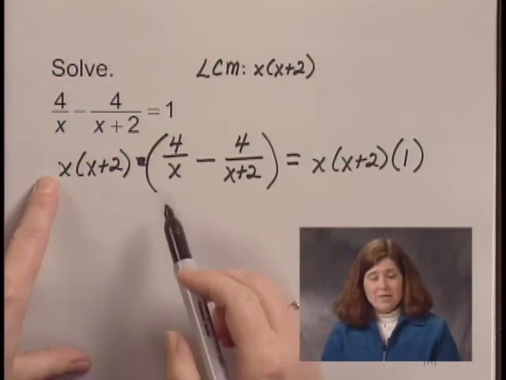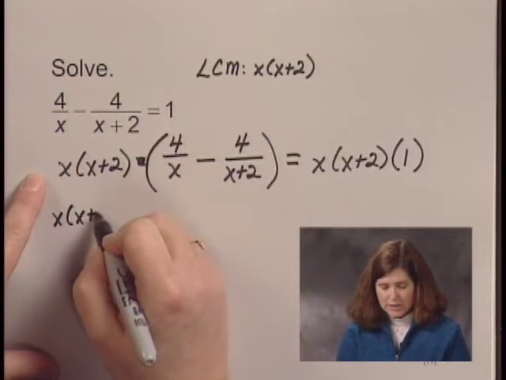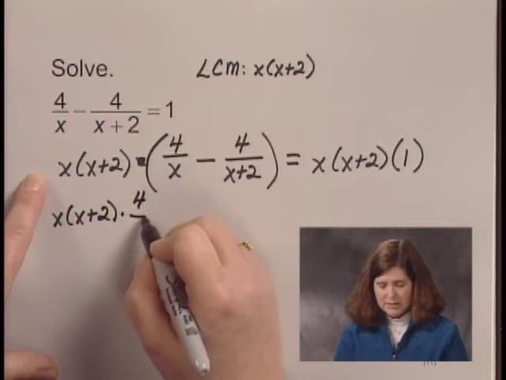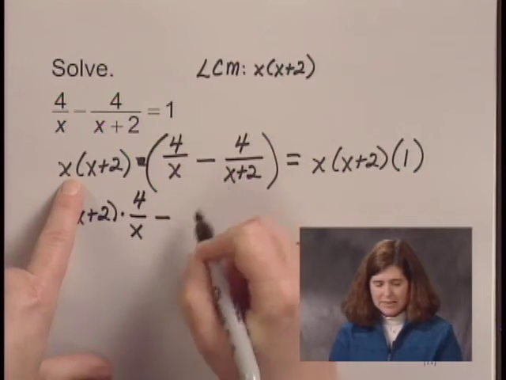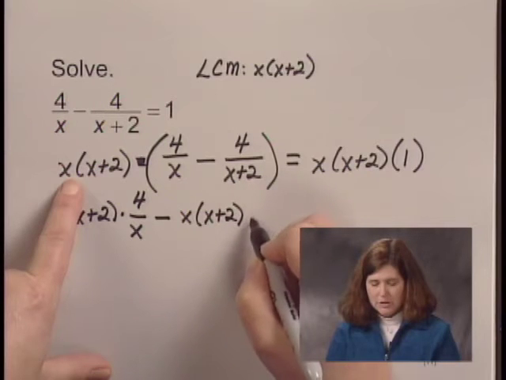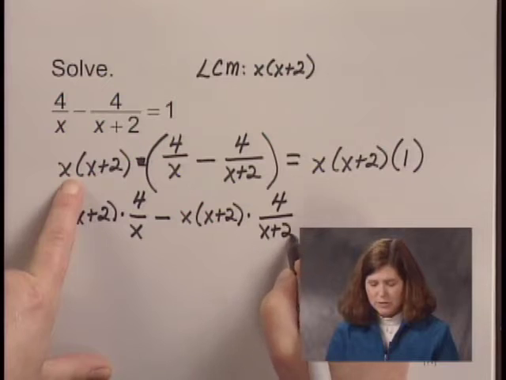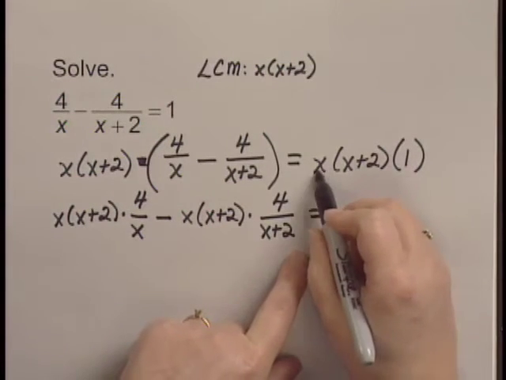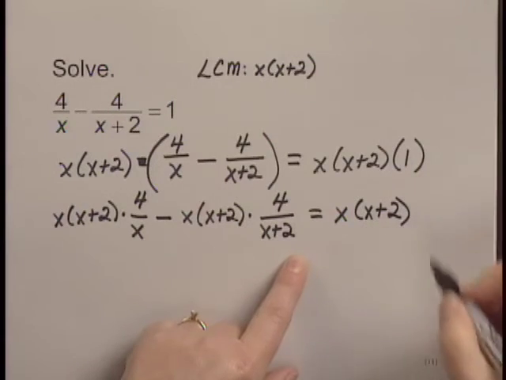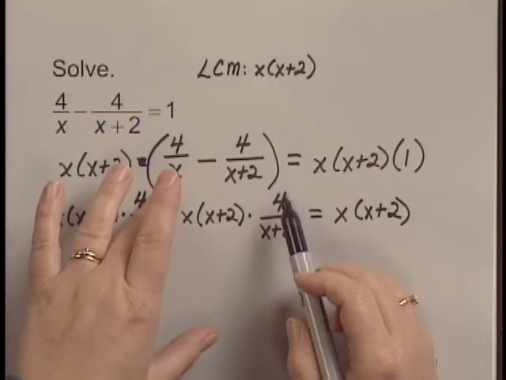Now when I multiply this, I will actually get x times x plus 2 times 4 over x minus x times x plus 2 times 4 over x plus 2, and that equals x times x plus 2 times 1.